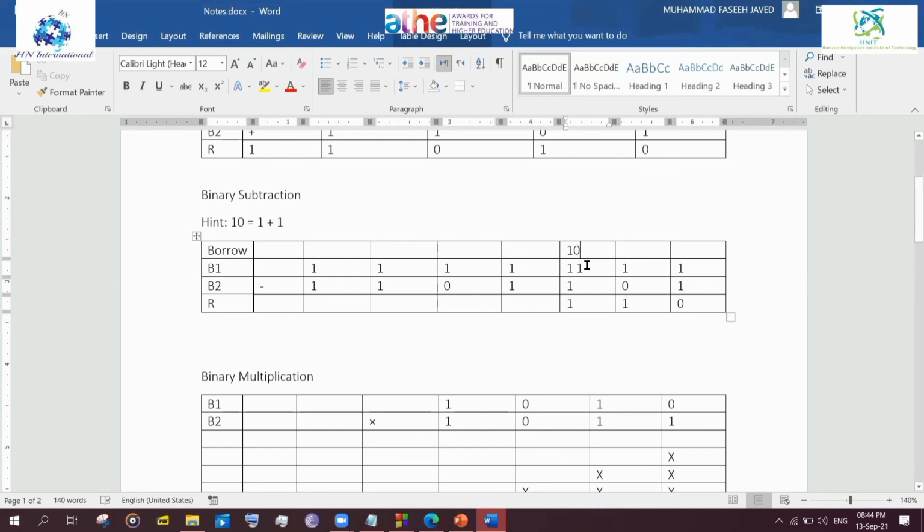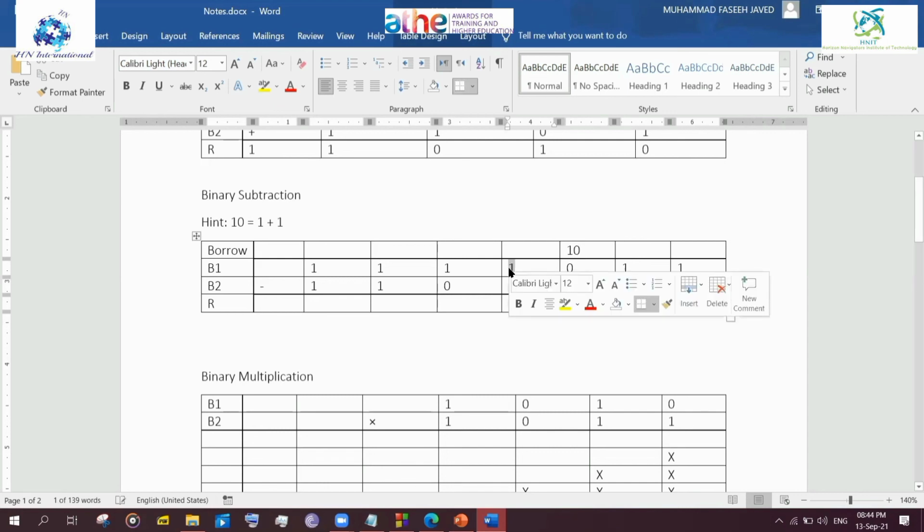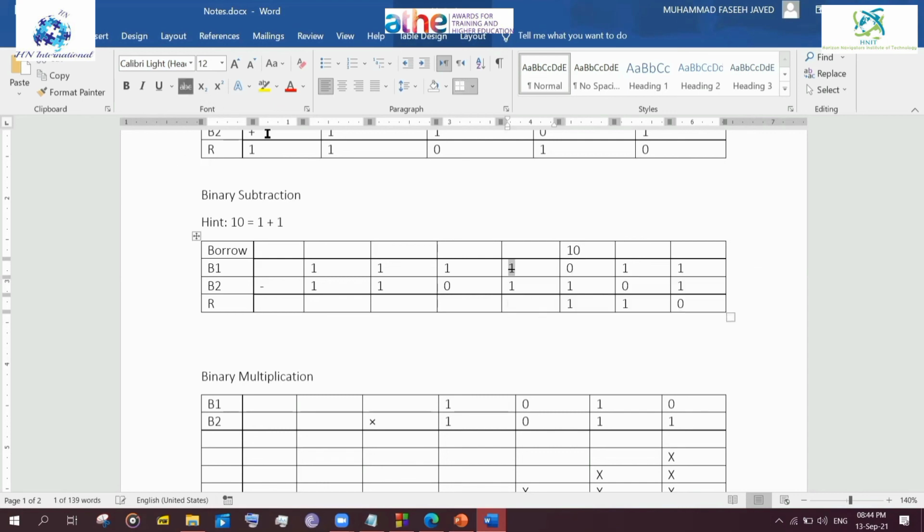That's our carry. So let's go back. The answer here is 1. Now remember that we carried from this one, so here we have only 0 left. What we can do here, we can again get a carry here, and this will become 1 0, and when we subtract that, we get the same result here.